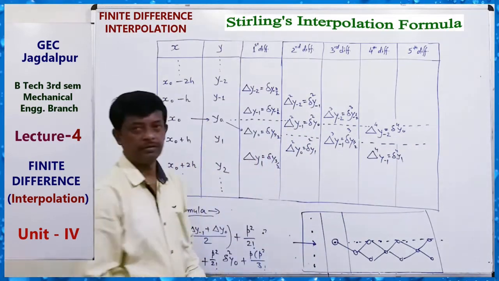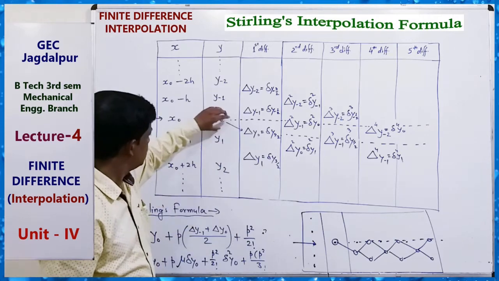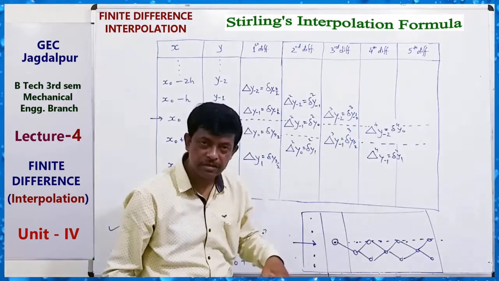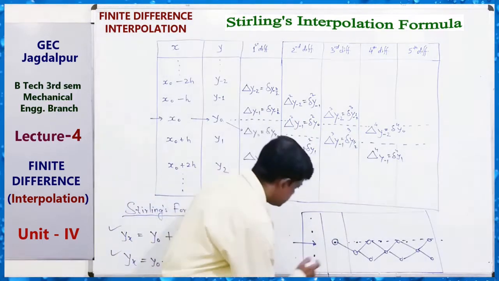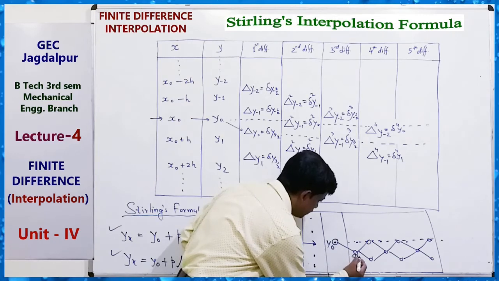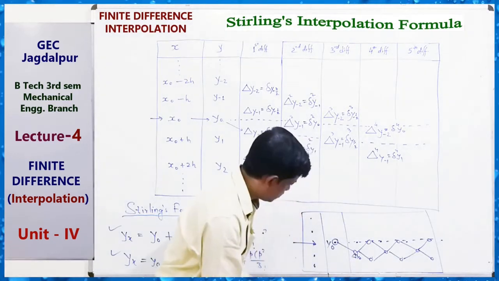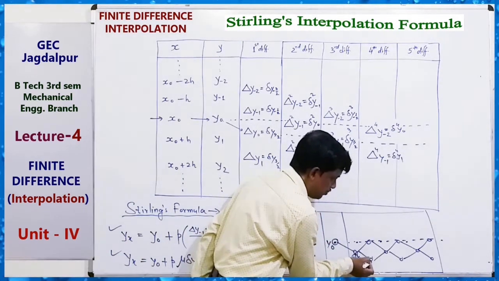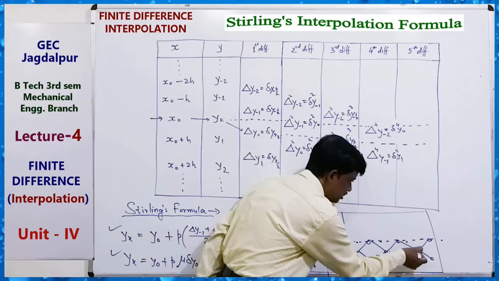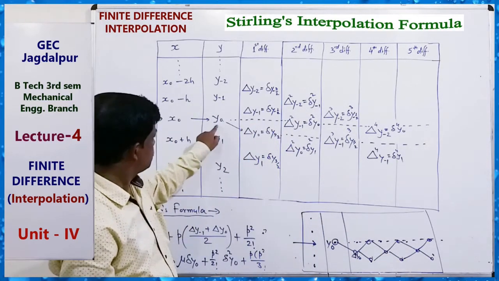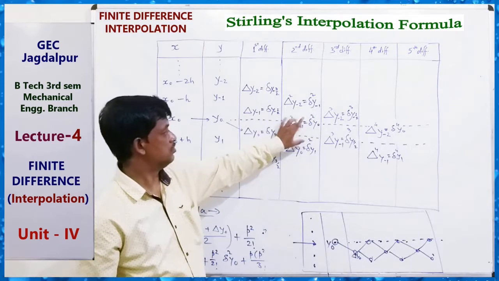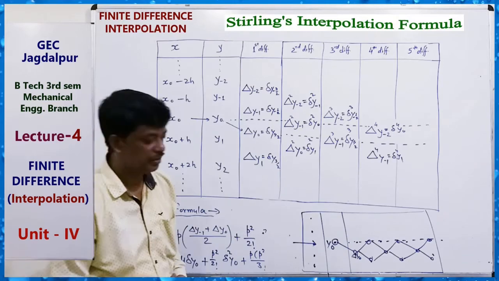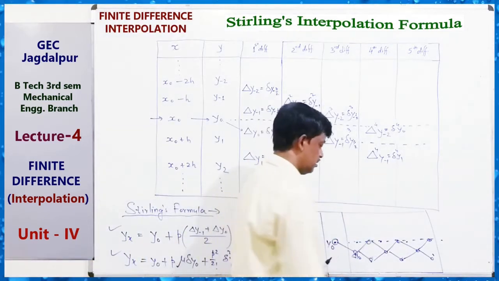And then the first value is this and then this and then average of this, average of this under the center line. First value this, that is y0, and then this first difference, and then first take this and then average of these two, then average of these two. Here this value and then this value and then average of these two, this value and then average of these two. Okay, so this is the method, and the values of p are different.